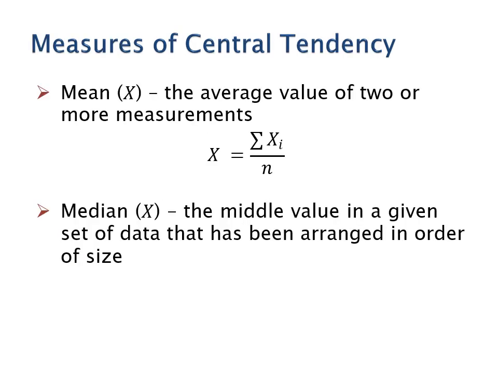So, what is mean? Mean is the average value of two or more measurements. So, here's the formula. The summation symbol here denotes the summation of everything divided by kung ilan sila, the number.